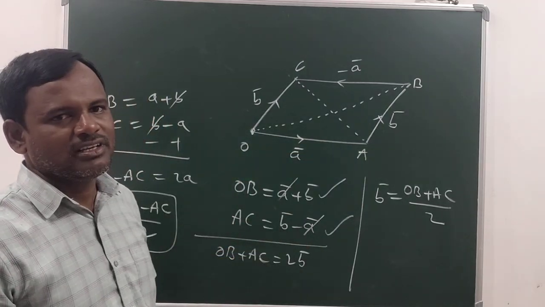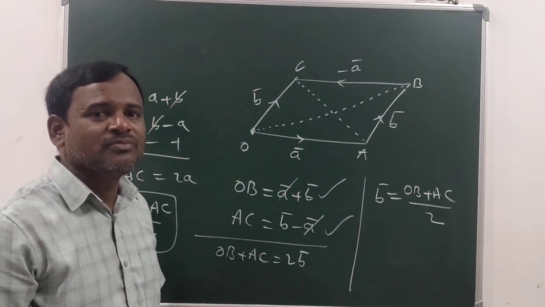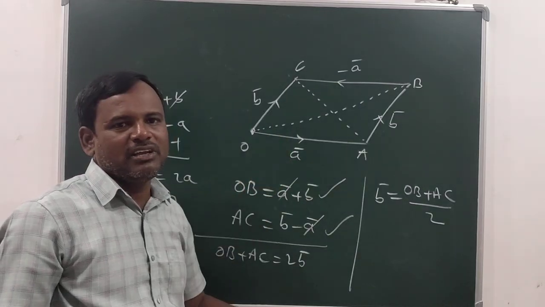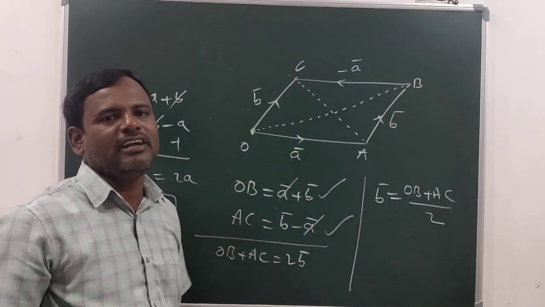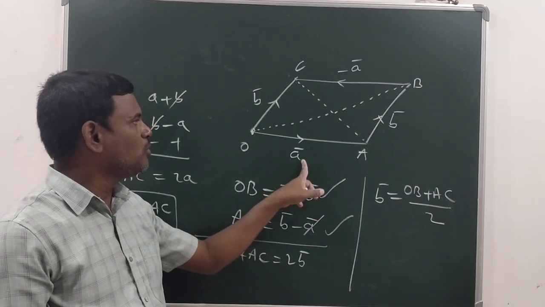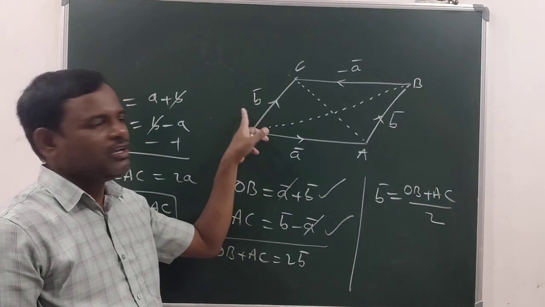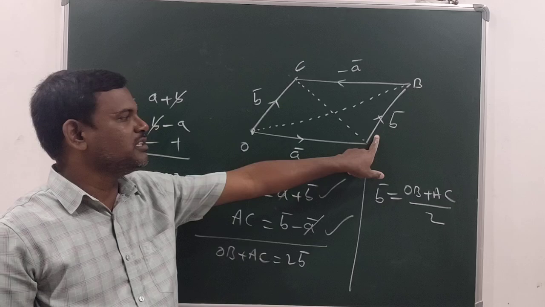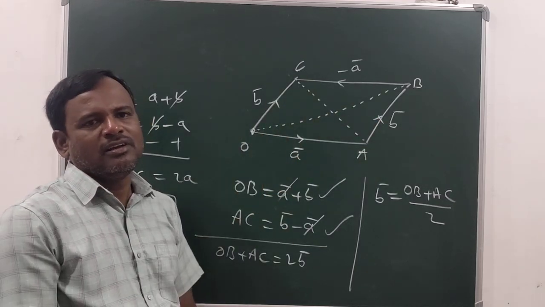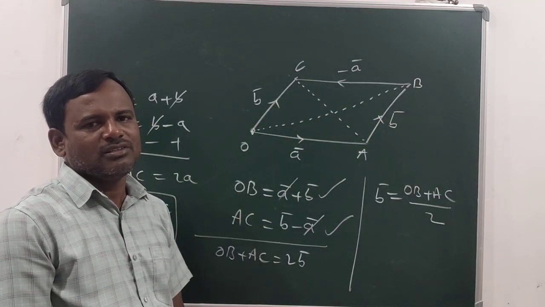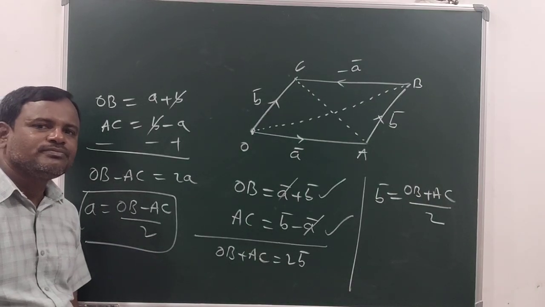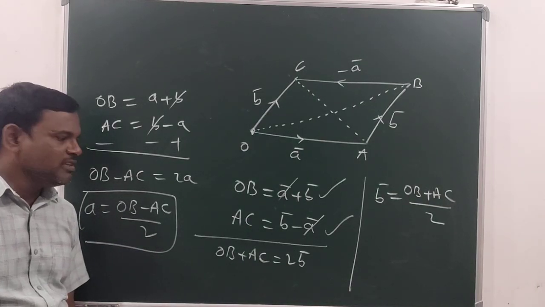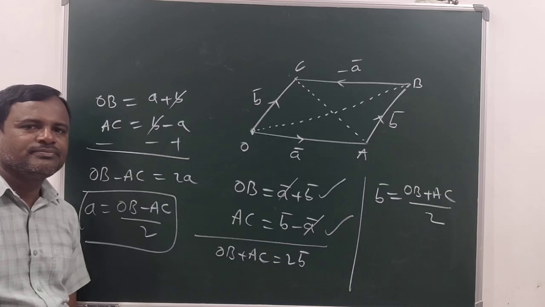But what is the second question? Diagonal vectors will be given, OB and AC, and they will ask you to find the side vectors. Means you have to find A and B. If you know A and B, you can find AB and BC vectors also. Once you see the board, I hope you have got it.